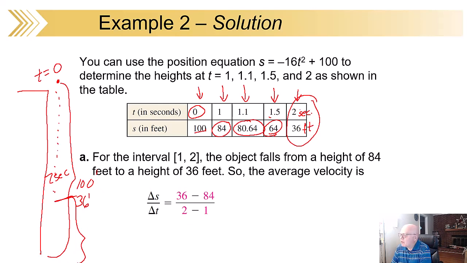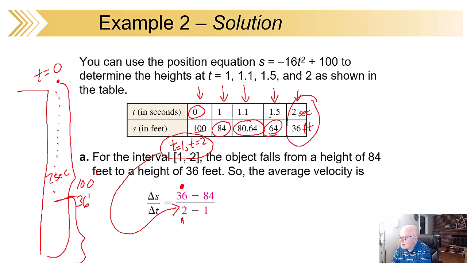Here's how we find average velocity. We're talking about the time interval here from time equals 1 to time equals 2 seconds. So those are the values, the ends of the interval, and those go in the denominator. 2 minus 1. And what we've got from the table up here is at 2 seconds, it was at 36 feet above the ground.